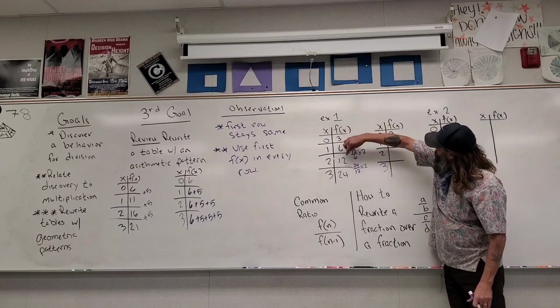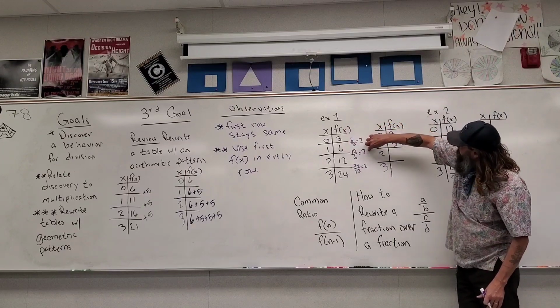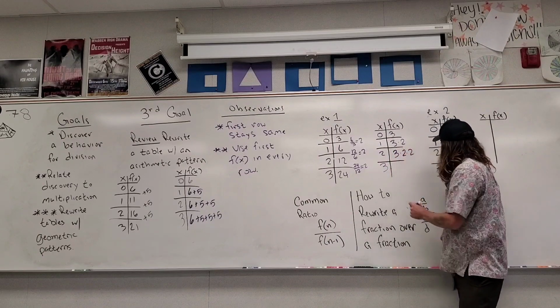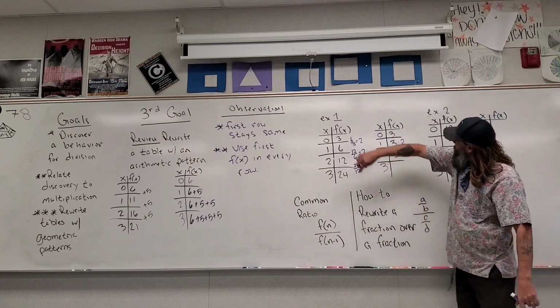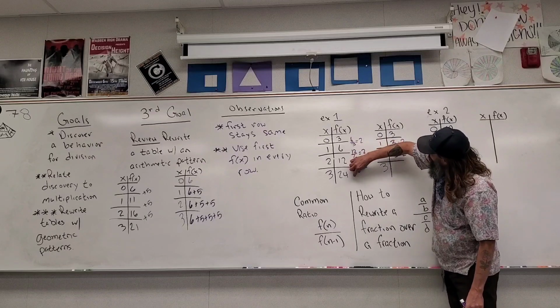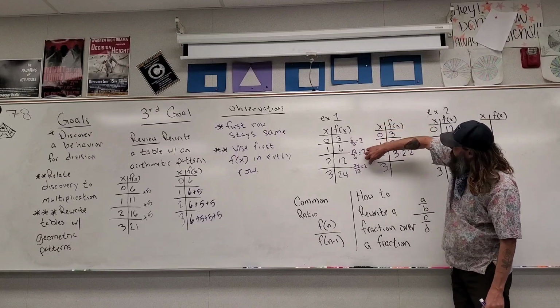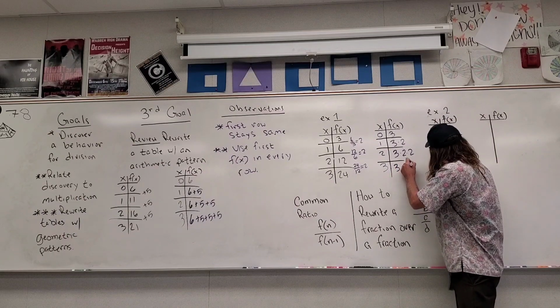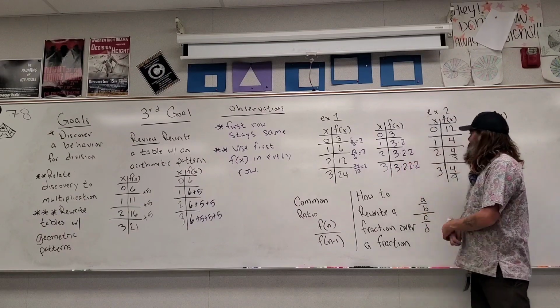To go from 3 to 12, I have to multiply by 2 twice. So this becomes 3 times 2 times 2. And to go from 3 to 24, I have to multiply by 2 3 times. So this now becomes 3 times 2 times 2 times 2.